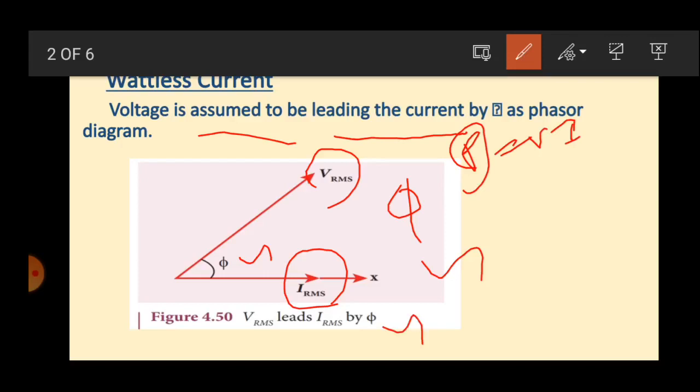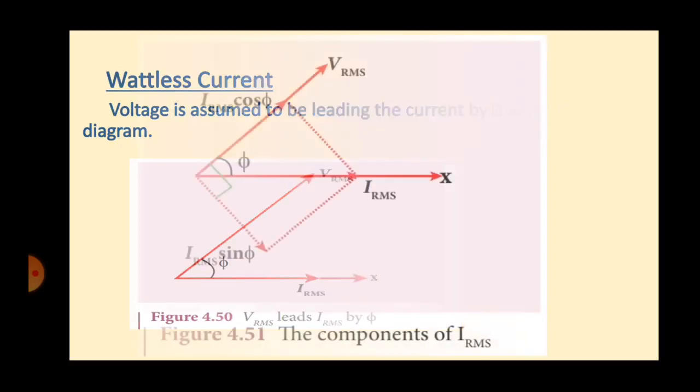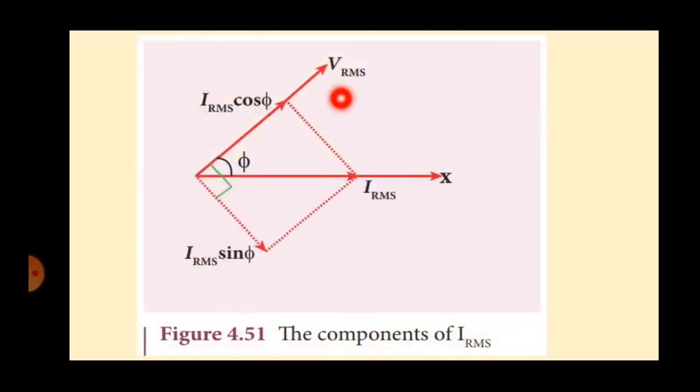So in this, the Irms current is resolved into two components. One is Irms cos phi and another component is Irms sin phi. So students, here Irms cos phi and Irms sin phi are perpendicular to each other.